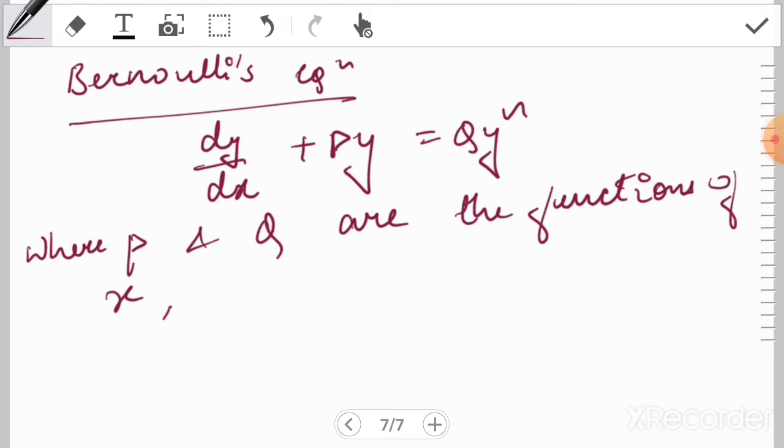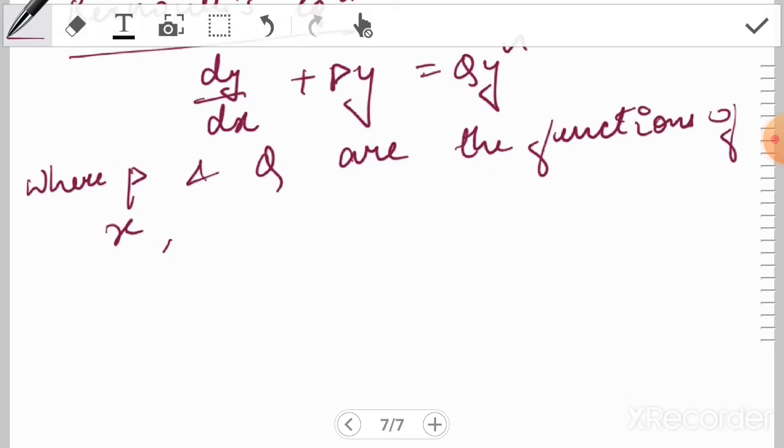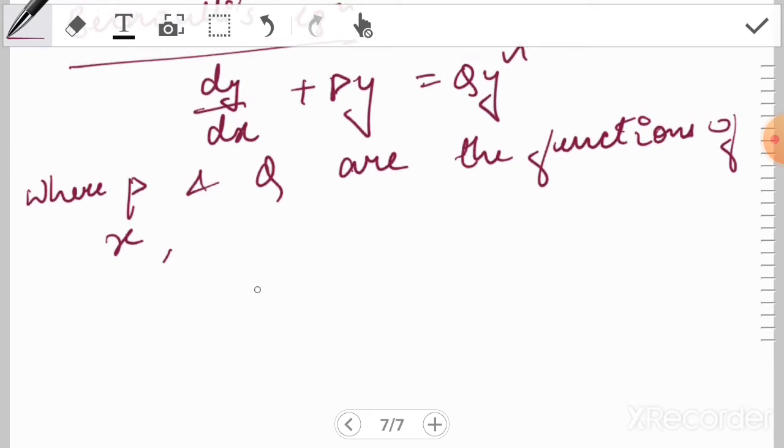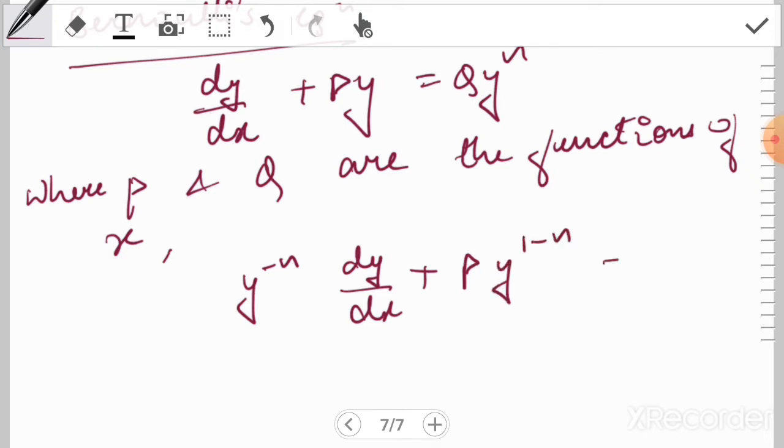To solve this, divide both sides by y raised to the power n. Then the equation becomes y power minus n dy by dx plus p y raised to 1 minus n equals q.